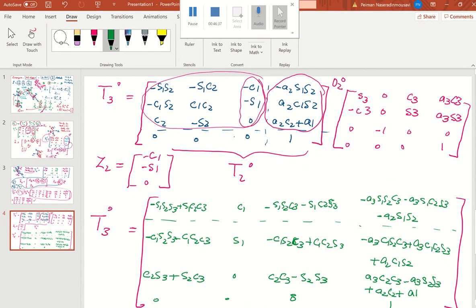Let me double check the third row. So A3 cos 3 minus A3 S3, finally it's going to be A2 as well. Okay. Now we'll have to simplify this in the next class to find O3 with respect to 0.